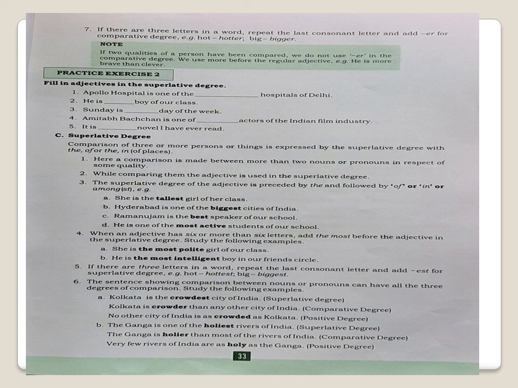So a sentence showing comparison between nouns or pronouns can have all 3 forms, all degrees of comparison. One more sentence is given. The Ganga is one of the holiest rivers of India. The Ganga is holier than most of the rivers of India. Very few rivers of India are as holy as the Ganga. This is called the positive degree.